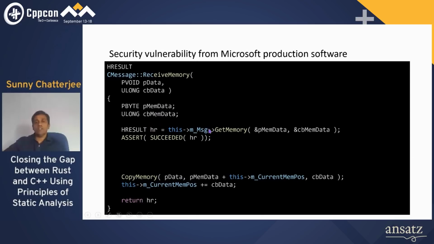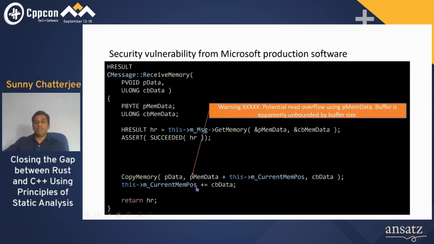You have a call to this API called GetMemory, and GetMemory fills in your source buffer with the count of bytes of elements of data that is copied into the source. And then you're trying to use the Win32 API to copy memory data from the source buffer into the destination, and you're copying cbData. And you're actually copying it from an offset, which is the current mem position, and you're incrementing that current mem position.